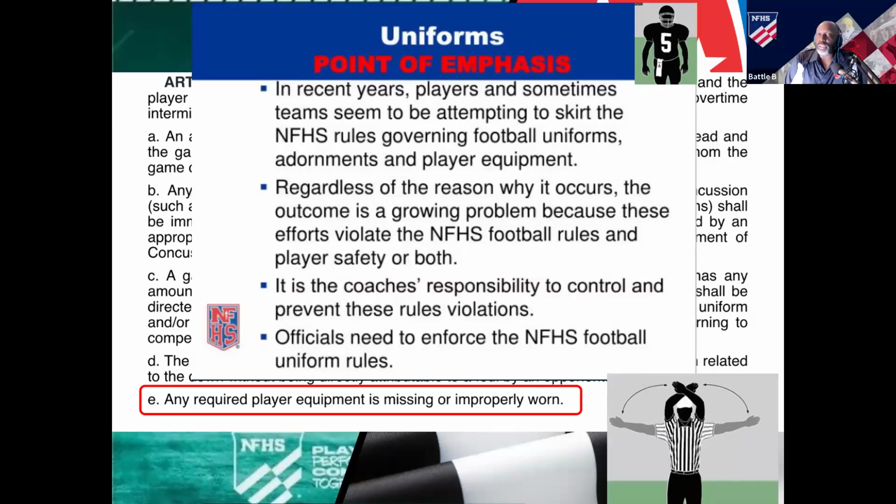Understand, at the youth level, some things are ignored and waived, and if you got my email, the 5 things that I listed, we don't really enforce. But at the high school, they want us to enforce this.